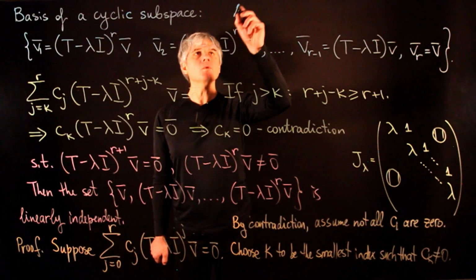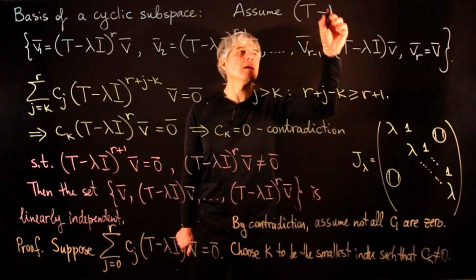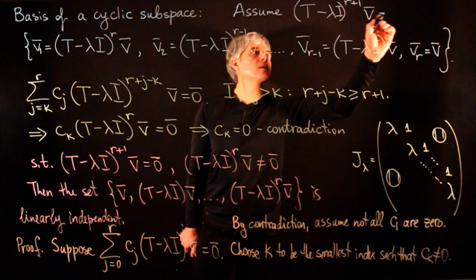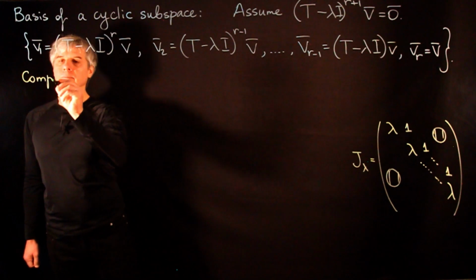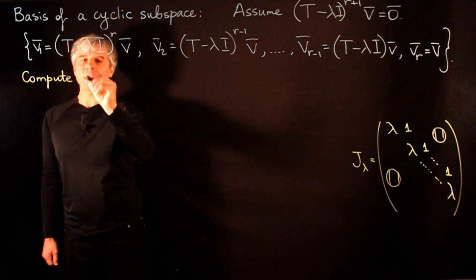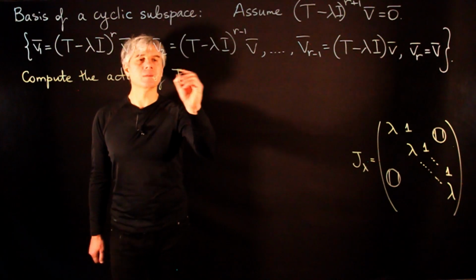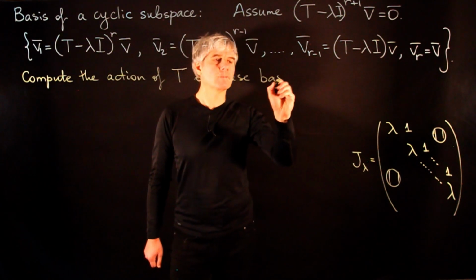Here we assume that (T minus lambda I) to the power r plus 1 applied to v is equal to 0. Let us compute the action of T on these basis vectors.